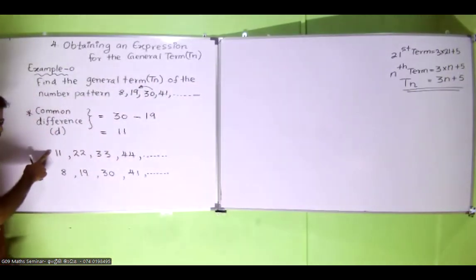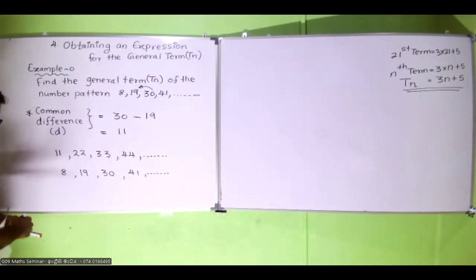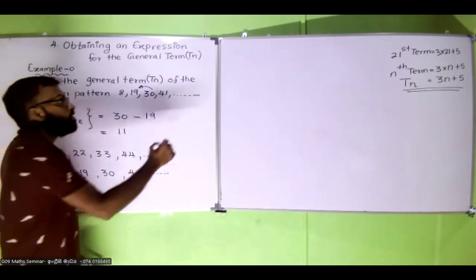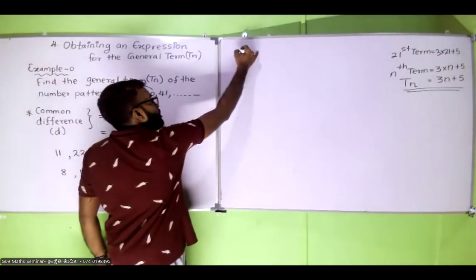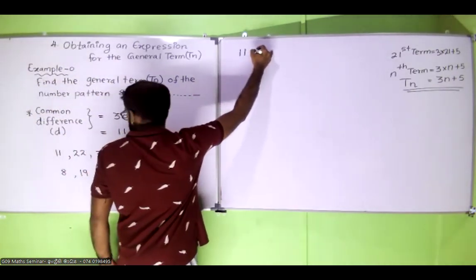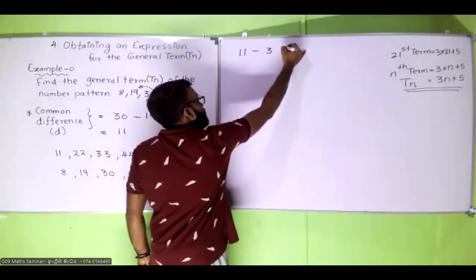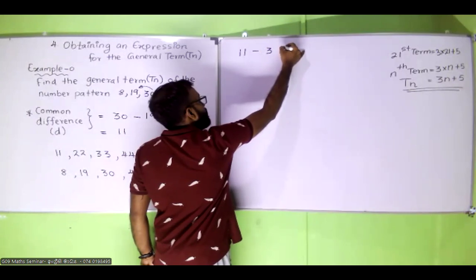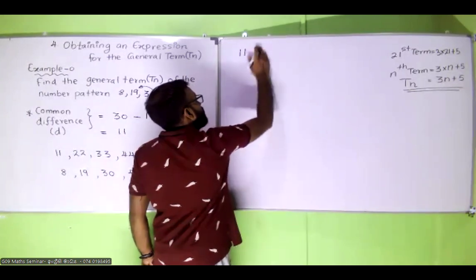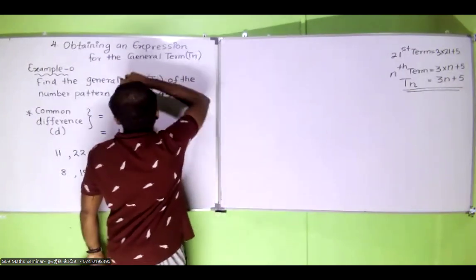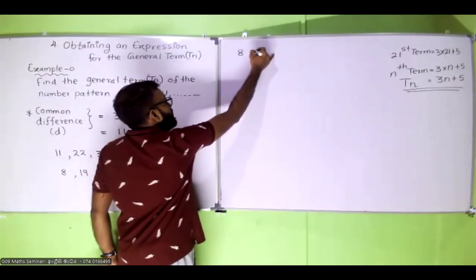If you subtract 3 from 11, you can obtain 8. Your first term is 8.